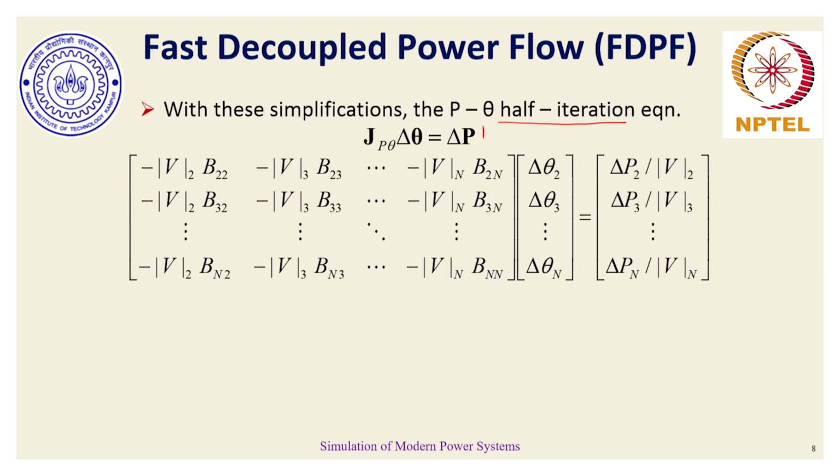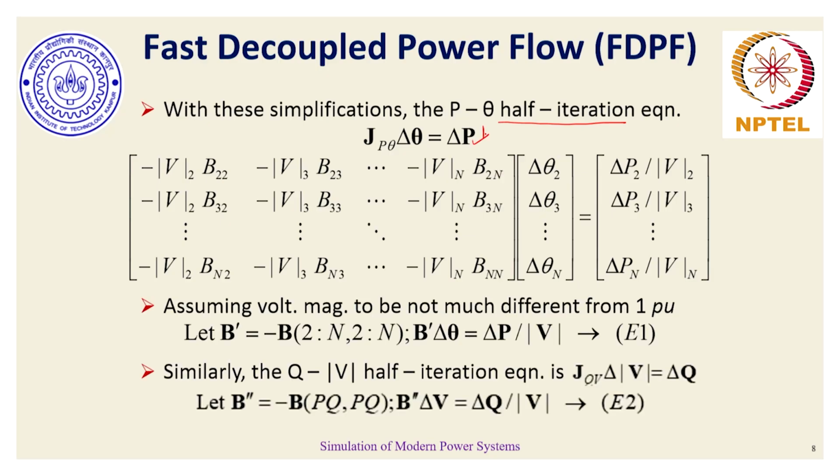Unlike the Newton-Raphson technique, where iterations are always going to be integers, ALSAC and STOT stated that they would count the p theta solution to be one half iteration and the QV equation solving to be another half iteration. When in one iteration both this equation as well as the next decoupled equation are solved, only then is one iteration of fast decoupled power flow counted, and that is where the notion of half iteration comes in.